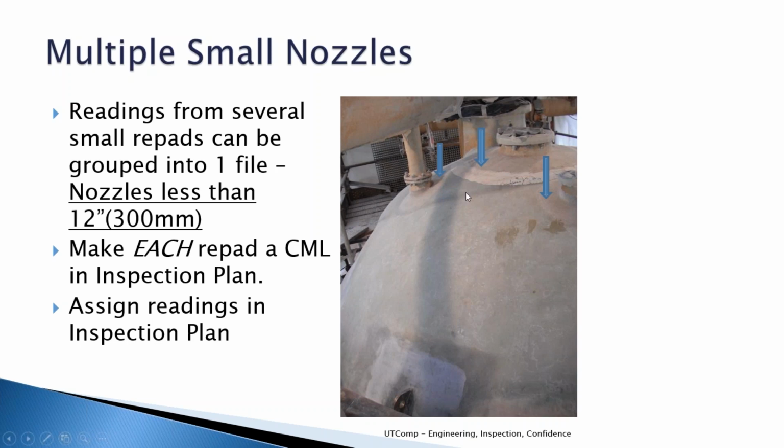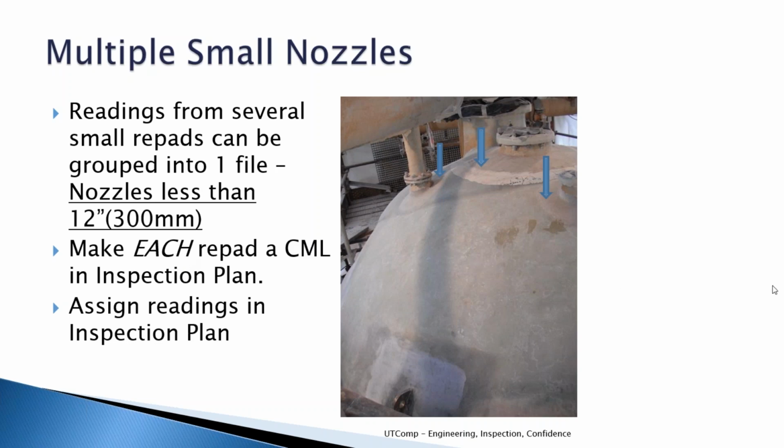For nozzles, you can only really use this feature if the nozzles are less than 12 inches or 300 millimeters. What you should do is make each repad a CML in the inspection plan, and then you can assign readings in the inspection plan.